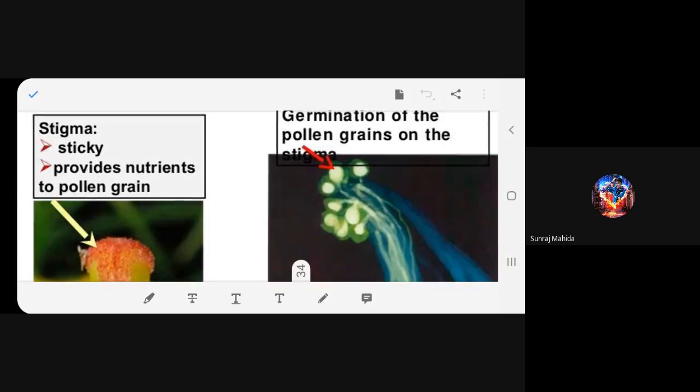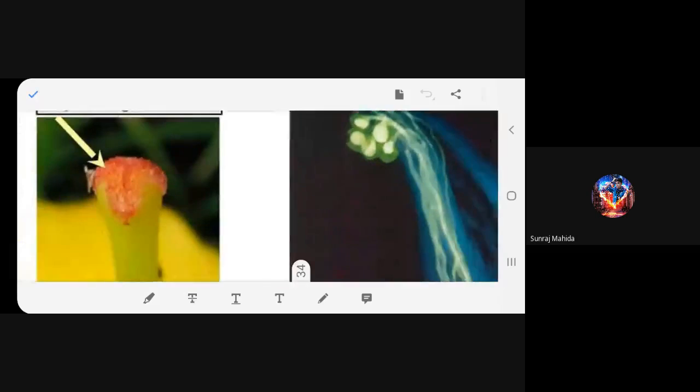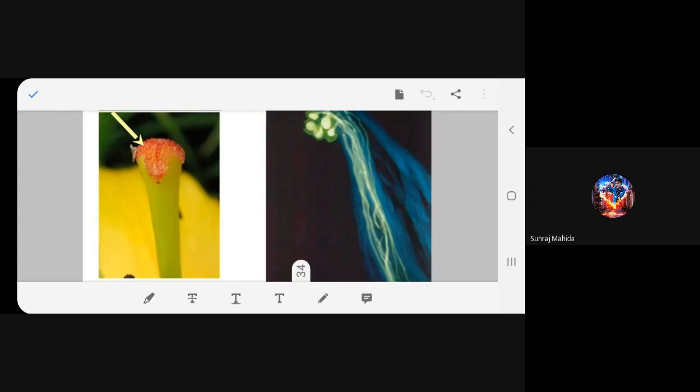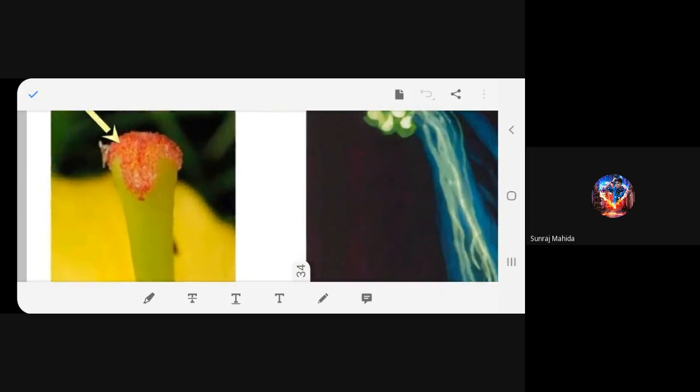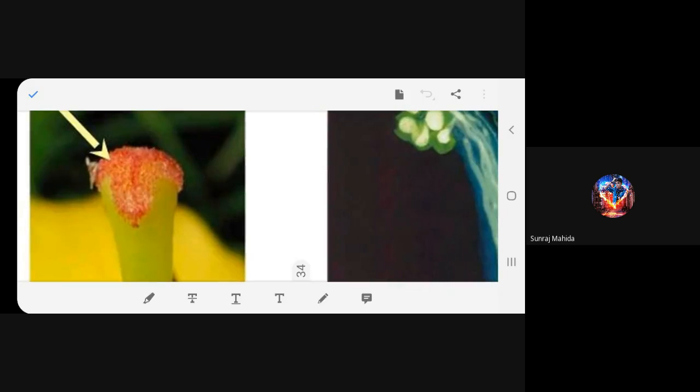Let's see how the stigma looks. Please read. Stigma is sticky and provides nutrients to pollen grains. Now look over here. This is the stigma, that is the pistil. This one is the carpel or pistil. This is the female organ.